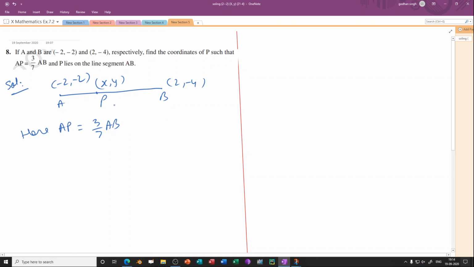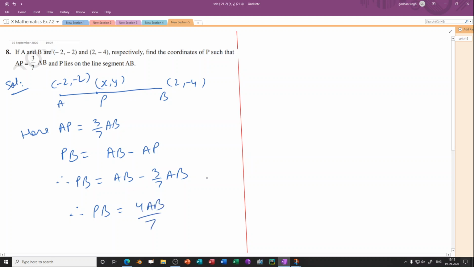Now if we can obtain the value of PB, then it will be very simple for us to find the ratio AP to PB. Let us find PB. If you see the figure, PB is equal to AB minus AP. Putting the value of AP, PB equals AB minus 3 by 7 AB, that is 7 AB minus 3 AB over 7, which is 4 AB by 7.